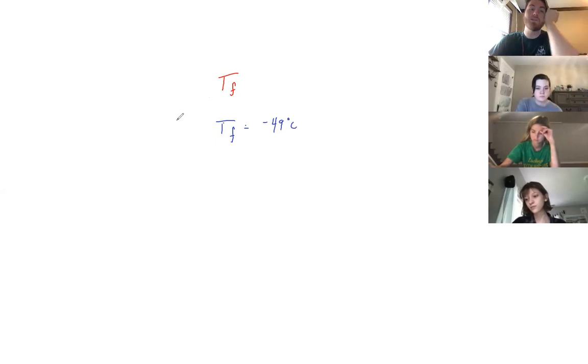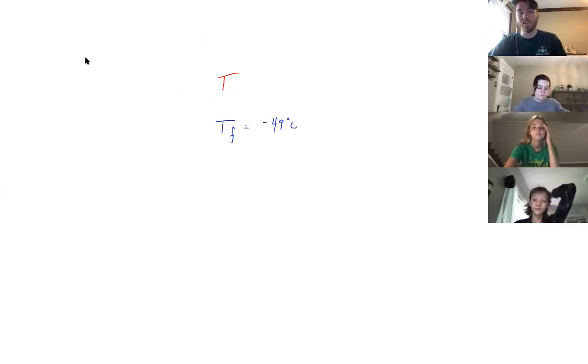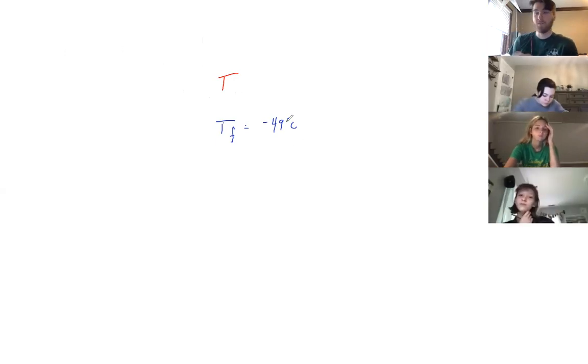Then we experienced a 56 degrees Celsius change in temperature during that 24-hour period. So if we want our temperature initial for this one, what we need to do is say, if our final was negative 49 and we changed 56 degrees Celsius, what's our initial?